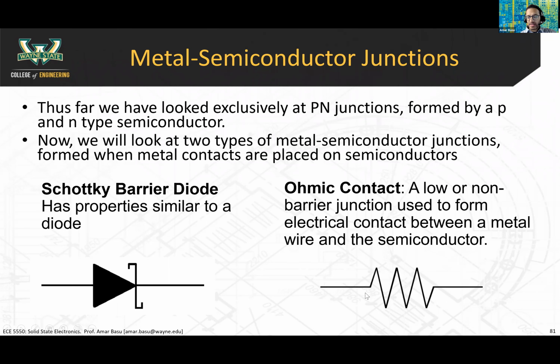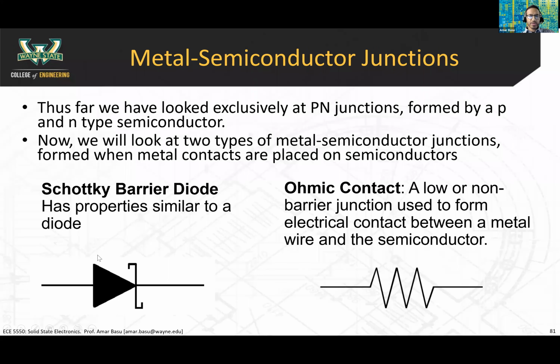An ohmic contact looks more like a resistor, with a small contact resistance associated with it, but it doesn't have any weird properties like a diode, where current will only flow in one direction. As one example, a lot of times when we want to make a metal contact to a semiconductor, we would like an ohmic contact so that current can flow in both directions. In other cases, we may intentionally form a Schottky barrier diode if we want the current to flow in only one direction.